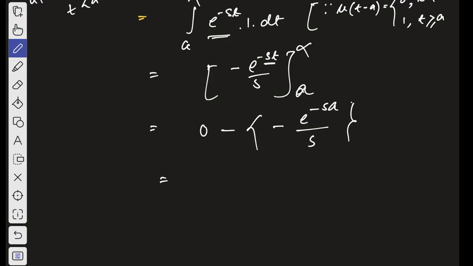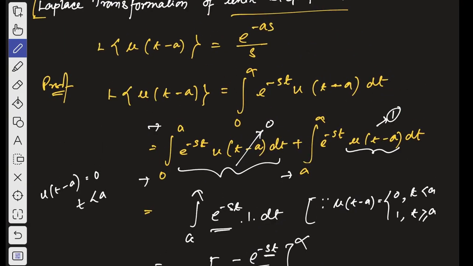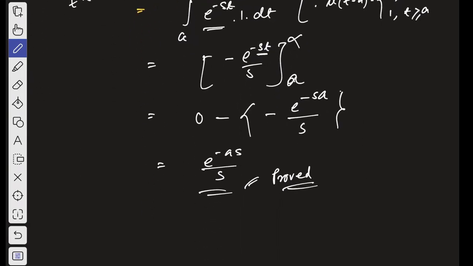Then our result will be e to the power minus as by s. So that's the Laplace transformation of the unit step function. That's how we can prove this. Hope you have understood this.